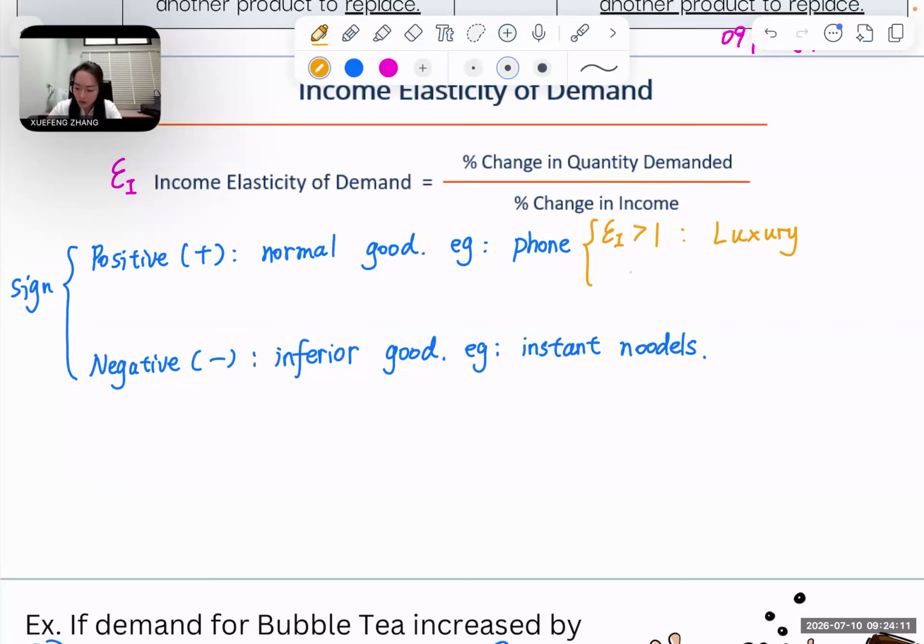Next one. So if the epsilon I is greater than 0 and less than 1, we call it necessity. Okay, but be careful, no matter whether epsilon I is between 0 and 1, or greater than 1, the sign should be positive, right? The sign should be positive.